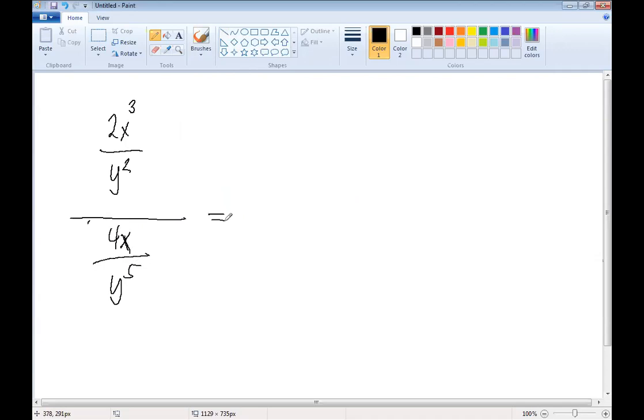When we solve that, you arrange 2x cubed over y squared times, you have to multiply now by the reciprocal: the denominator goes to the numerator and the numerator goes down to the denominator. Therefore we will have y to the power of 5 over 4x.